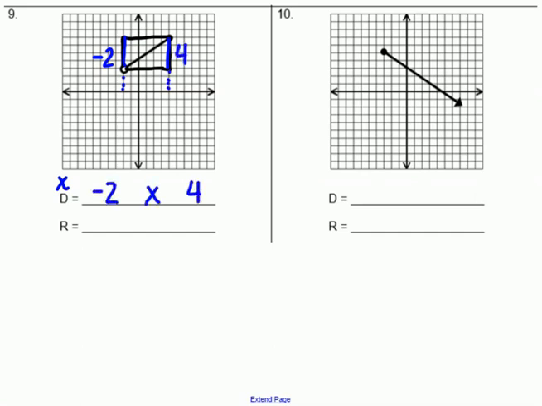Okay, notice that the right side has a filled in circle, so it has an equal to on the 4. Okay, for range, I'm looking at the bottom of my box, which is at a y value of 3, and the top of the box, which has a y value of 7.